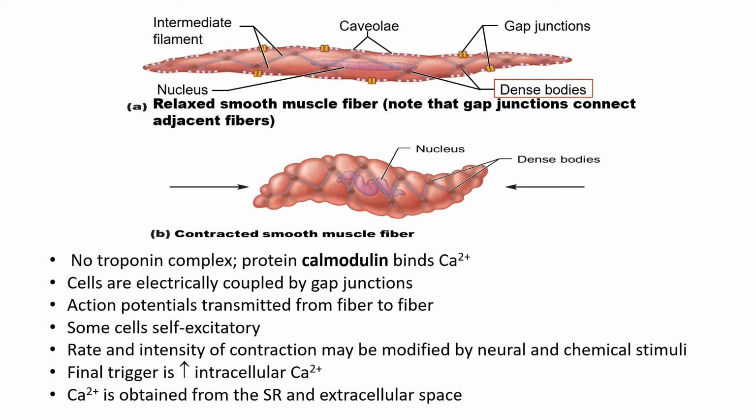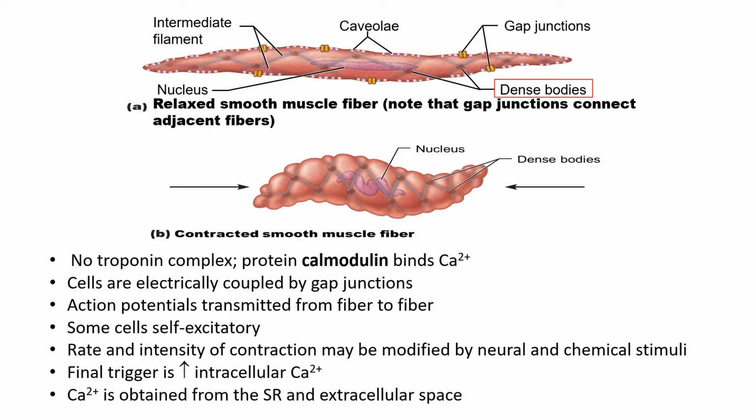We also have structures called dense bodies, which anchor the actin to the sarcolemma at regular intervals. The myofilaments are spirally arranged, causing the smooth muscle to contract in a corkscrew manner, with the thick filaments having heads along the entire length of the muscle.